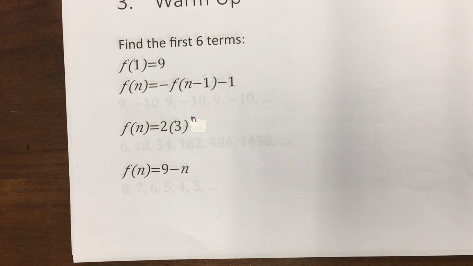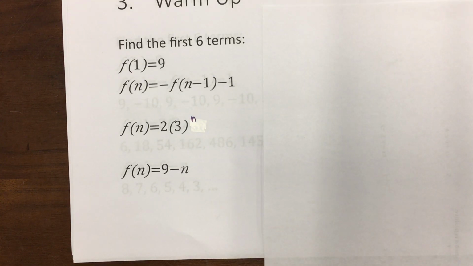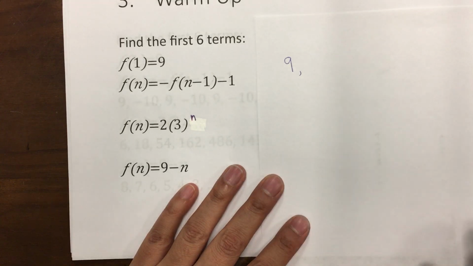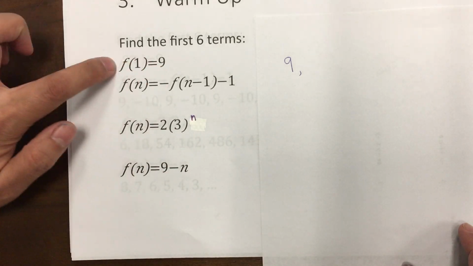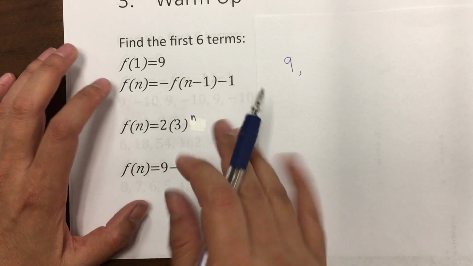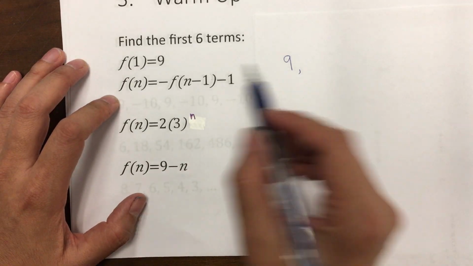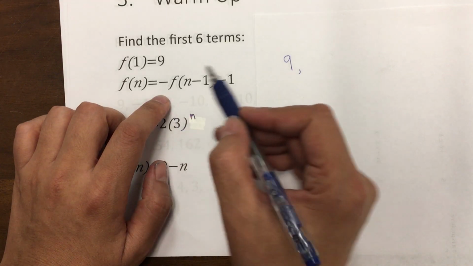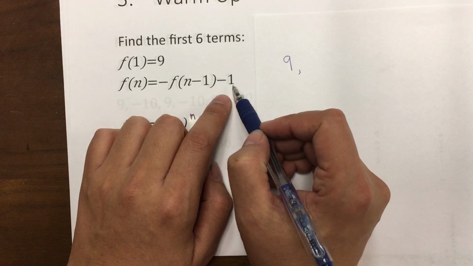the answers for the first 6 terms, for the first one, are going to be 9. That's the initial point because it's given to me in here. But then they say that for the next term you're going to multiply by -1 and subtract 1 from that.